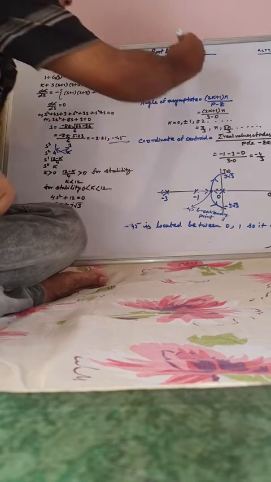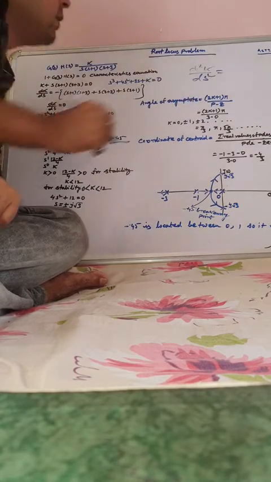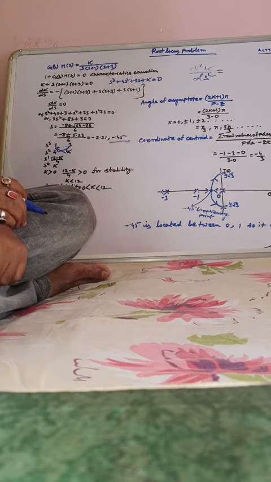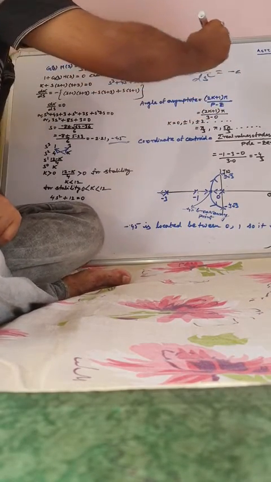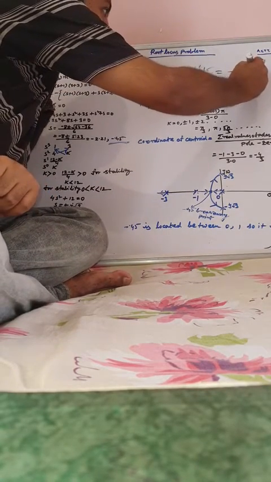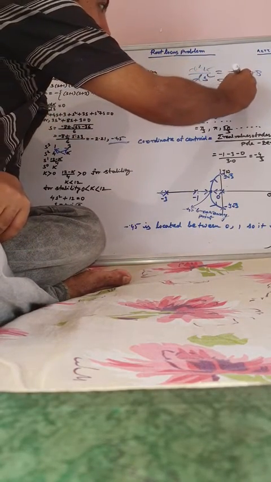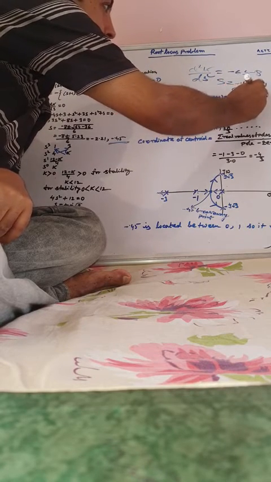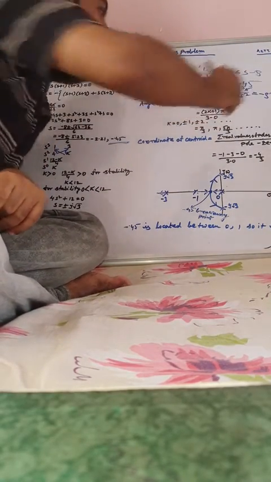Now if you calculate del 2k by del s square, you see it will come as minus 6s minus 8. If you put s equal to minus 0.45, your del 2k by del s square will be minus 5.3, which is less than 0.